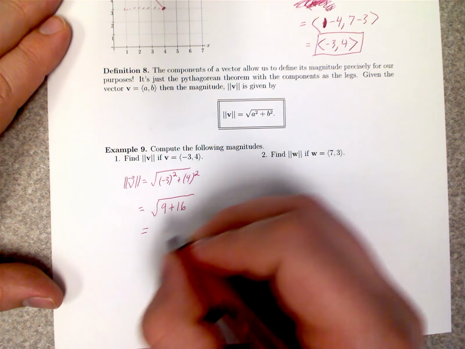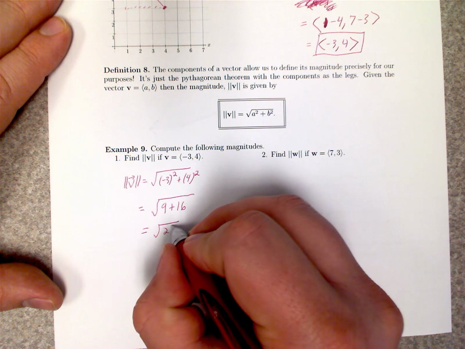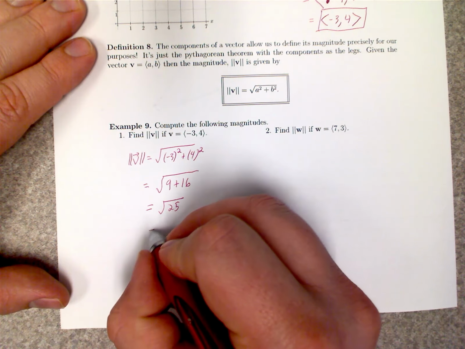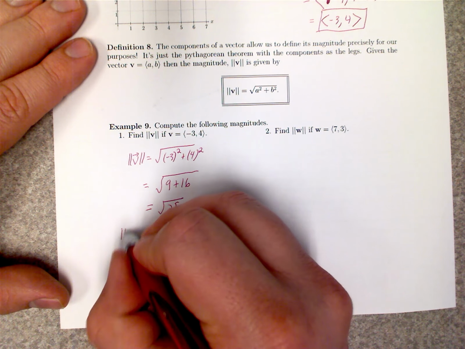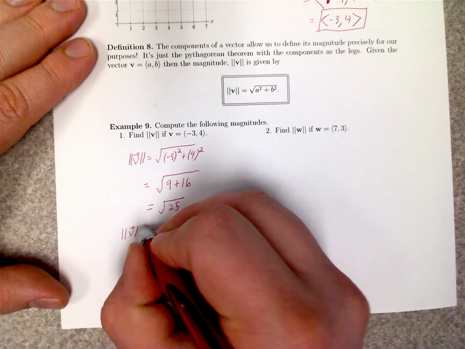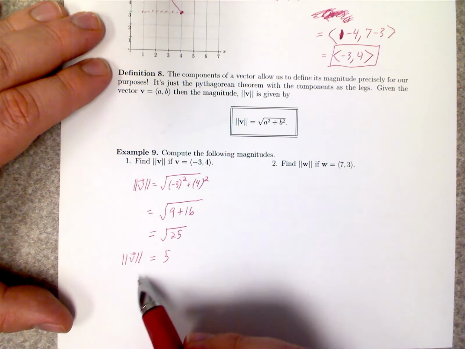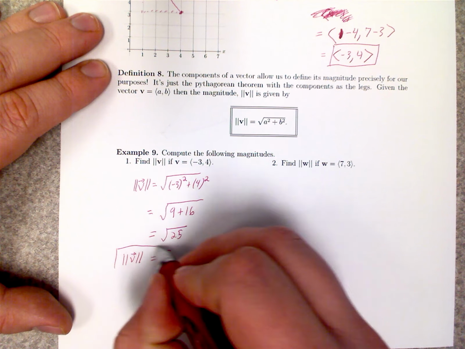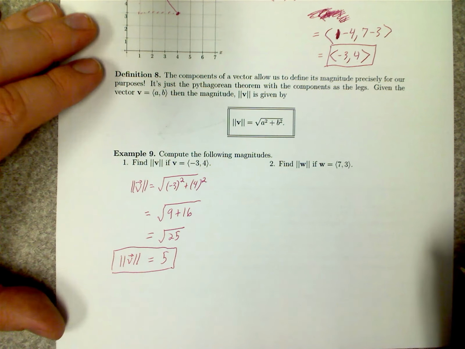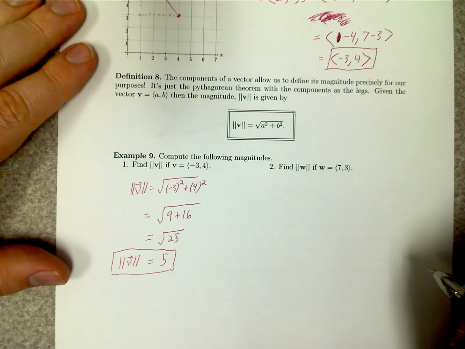And 9 plus 16 is 25. And we get out 5. So the magnitude of our vector v, in the case that we had up here, is just 5. Okay?